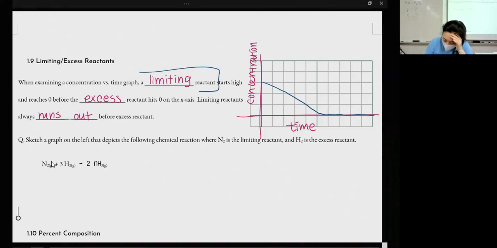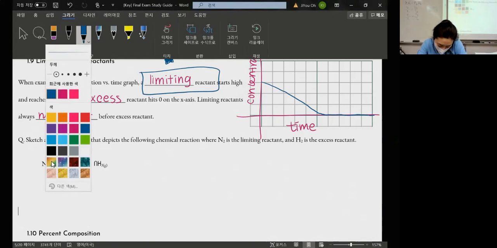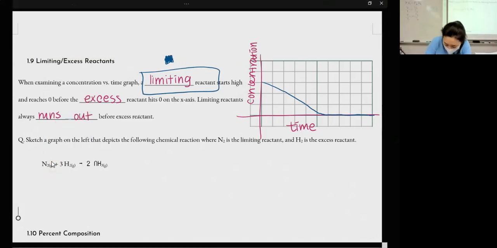The blue one will be the limiting reactant. And the green one will be the excess reactant. So I'll do the same thing. You can start from lower, but it will never reach 0.